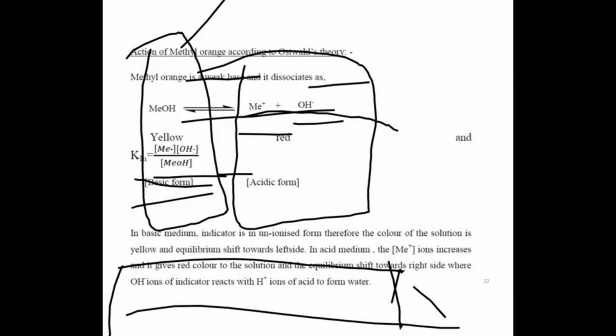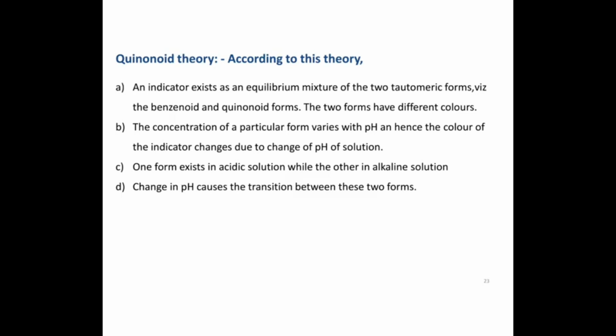Next is the quinonoid theory. In this theory, acid-base indicators occur in two tautomeric forms, that is, a change from one form to another.